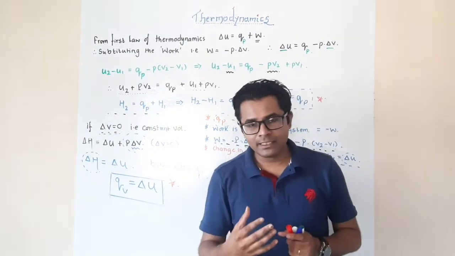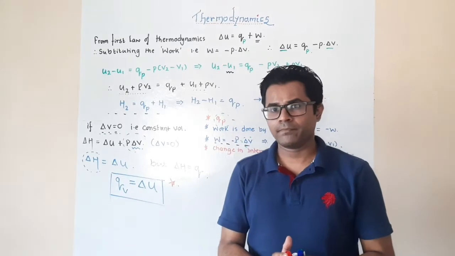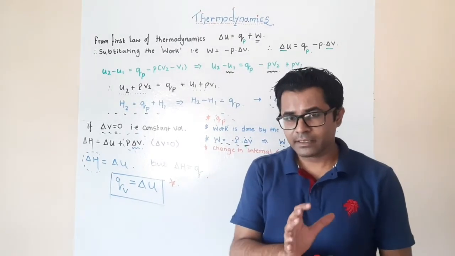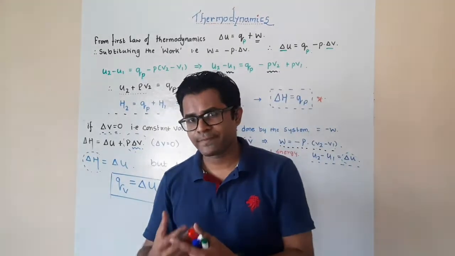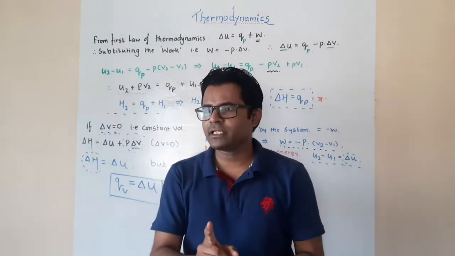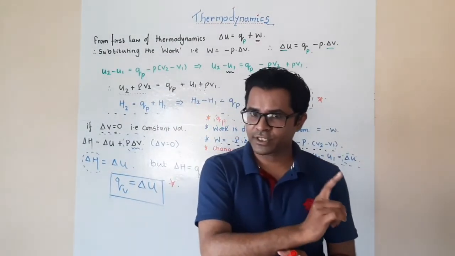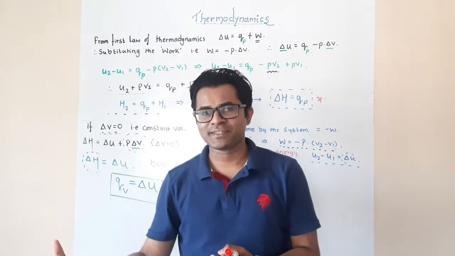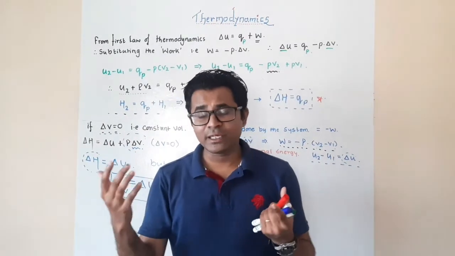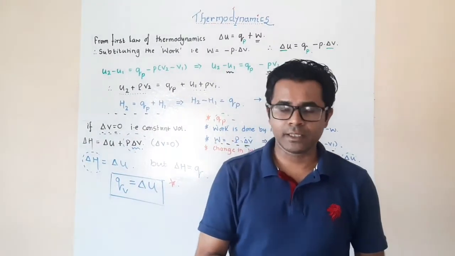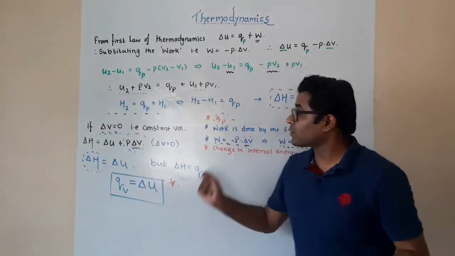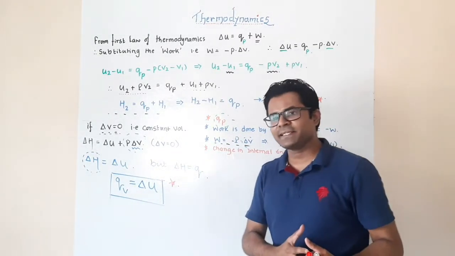When you supply heat at constant volume, the internal energy changes. If you supply heat at constant pressure, the enthalpy changes. This is how these two equations conclude.